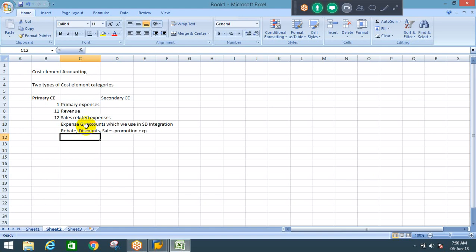So for all sales related expenses we maintain cost element category 12. So if you maintain 12, then only those values will go to COPA.